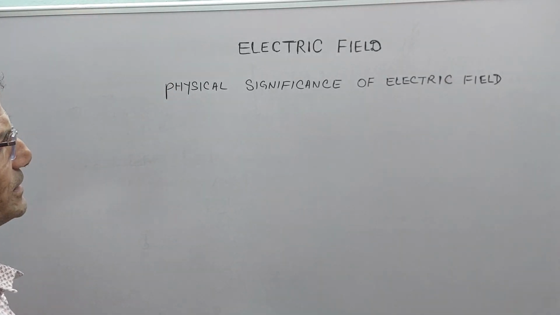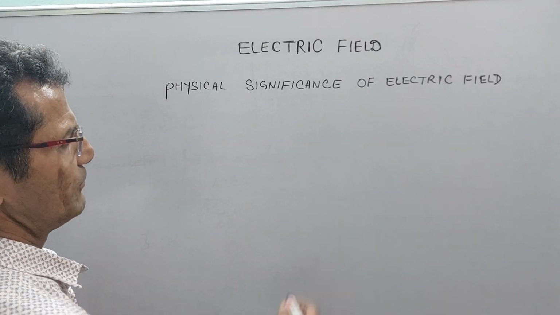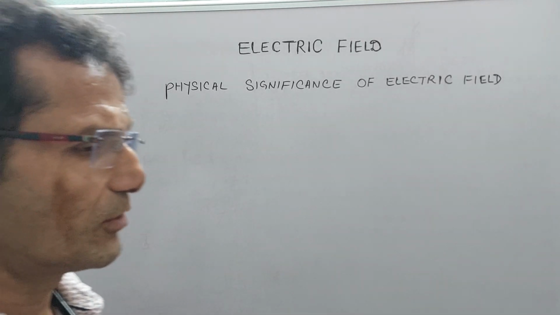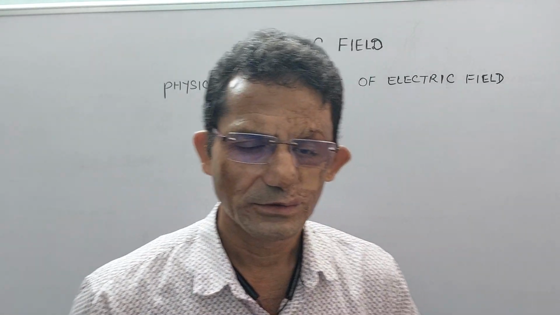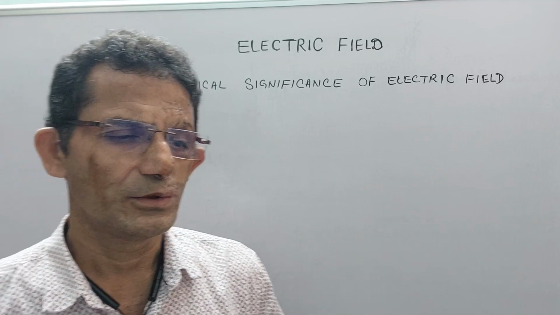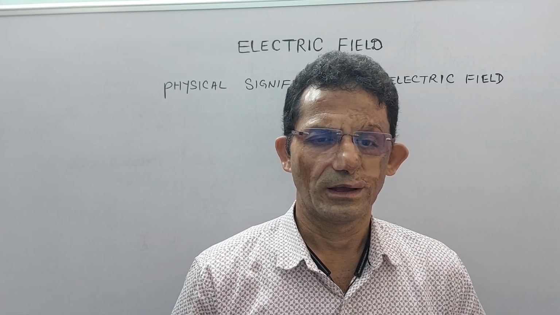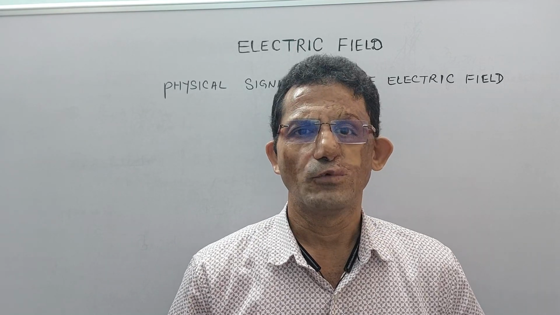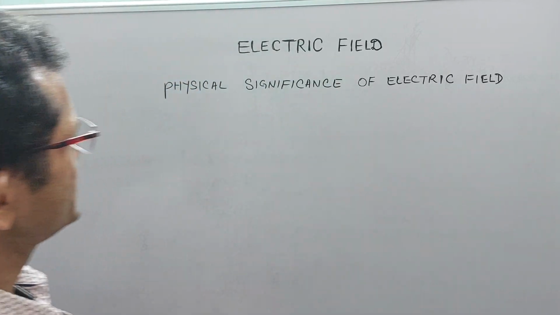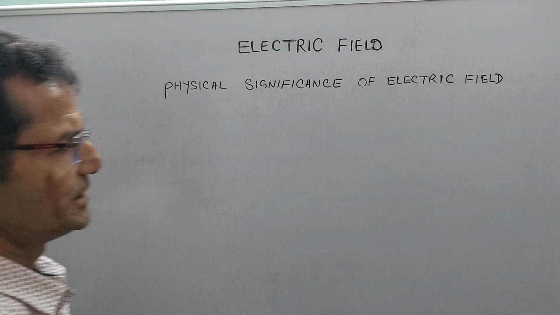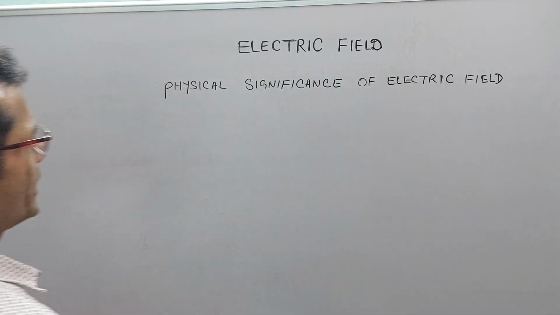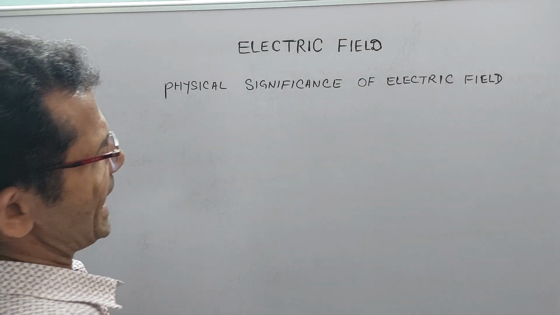So the electric field is the alternative to Coulomb's law. We can find the magnitude and directions of the forces between two charges without using Coulomb's law, by using electric fields.